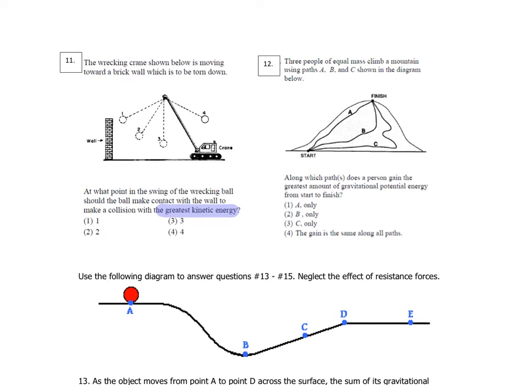Think about in the notes, what we're forming here is essentially a pendulum. We talked about the pendulum yesterday. Think about where the wrecking ball would have the highest velocity. Wherever it has the highest velocity, that's where it's going to have the greatest kinetic energy. And that'll give you your answer.